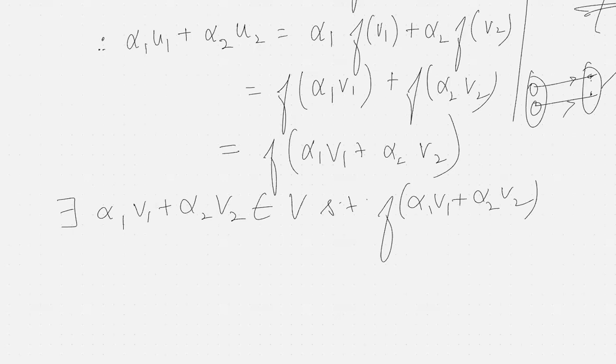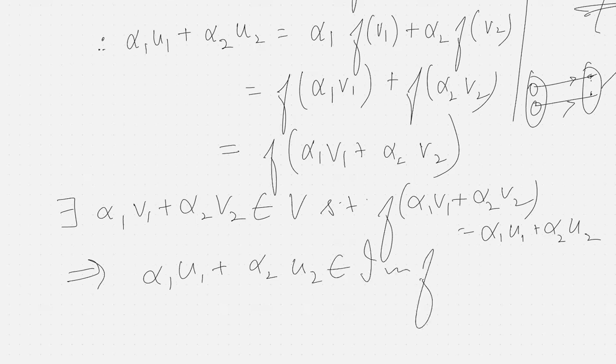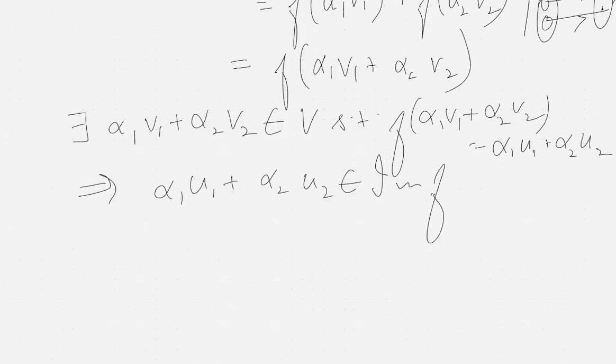So what does this mean? Alpha 1 U1 plus alpha 2 U2 is the image of some element. So this means alpha 1 U1 plus alpha 2 U2 belongs to image f. That was it about the theorem. So we have proved both the conditions of a subspace. Hence, image f is a subspace of U.